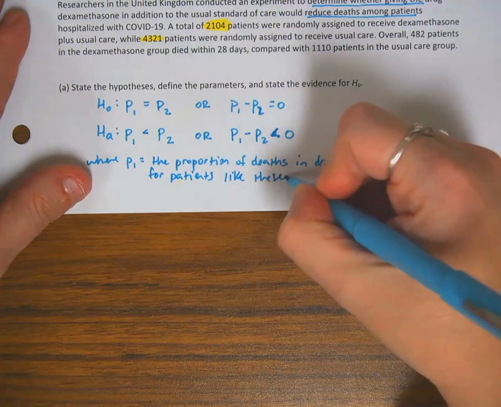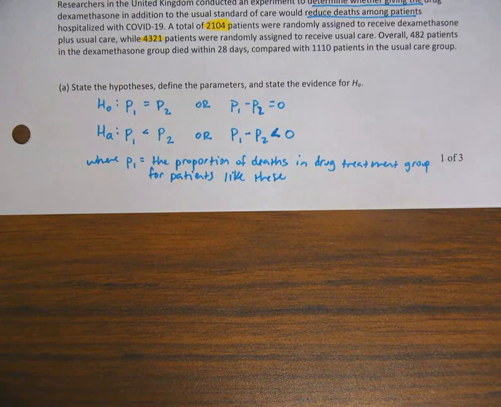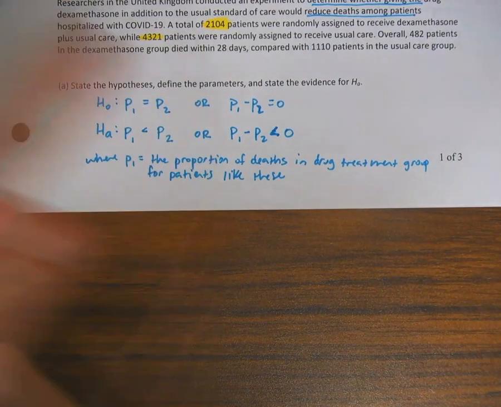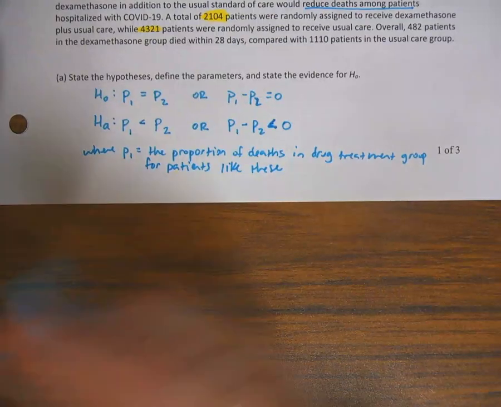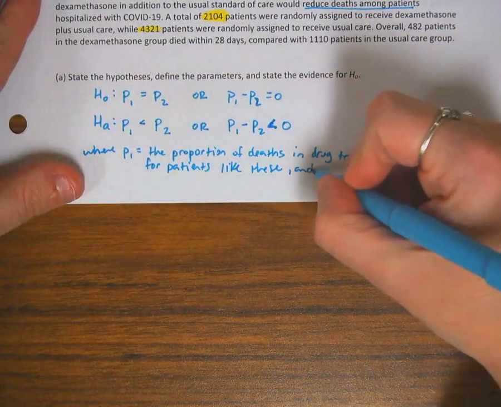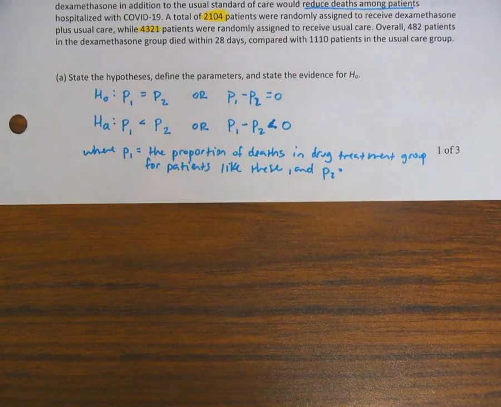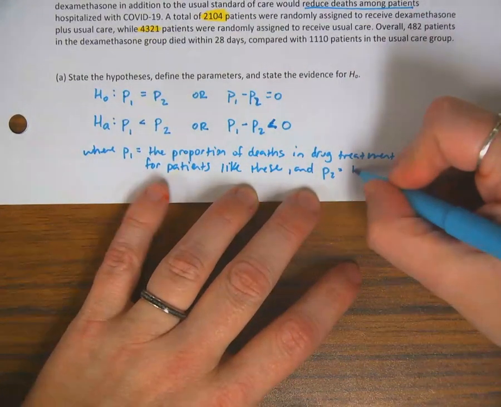And you guys did a really great job on your test. Most of you remembered to put that verbiage on your test last time. Okay? And P2 is the proportion of deaths in the control group for patients like these.